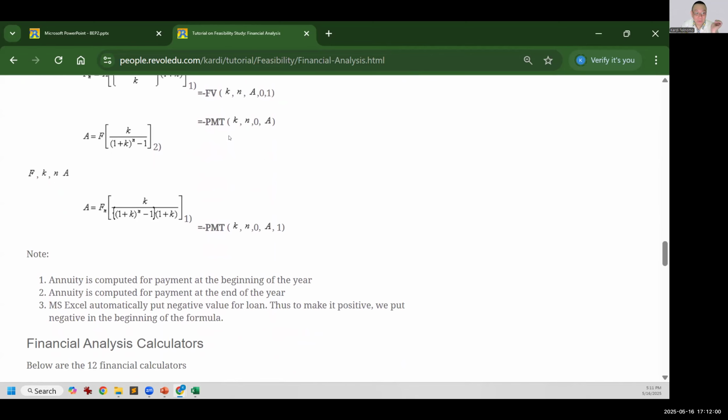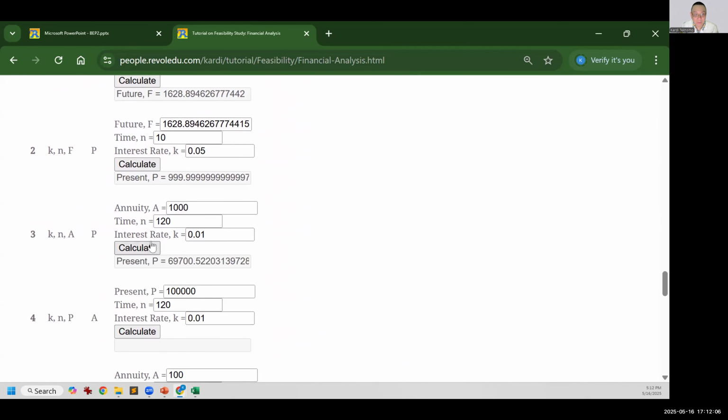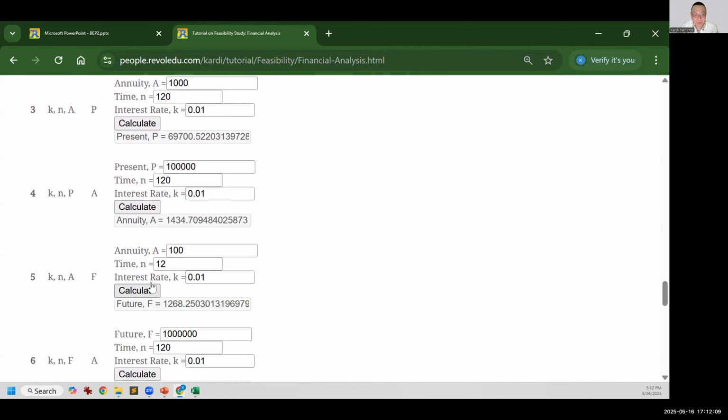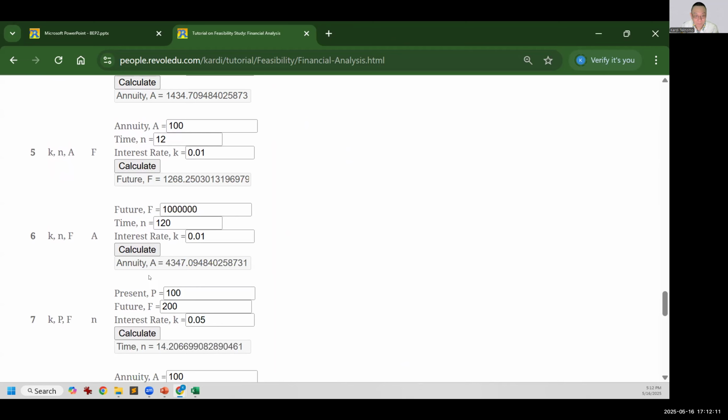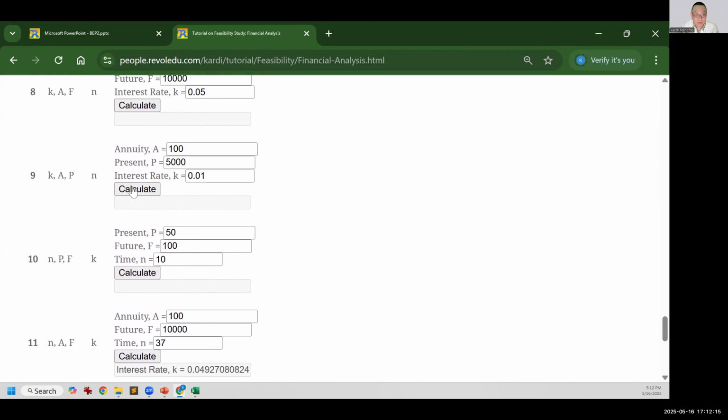If you don't like to use Excel, I also provide an online calculator here. You just compute it here. So these are all the possible computations. Given this, you can get all.